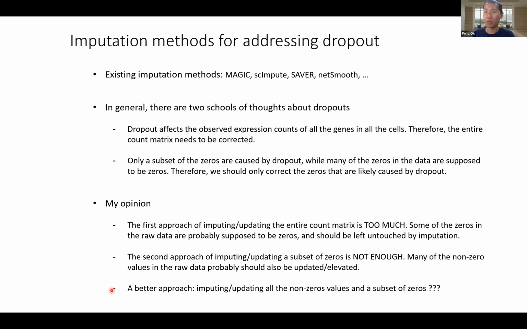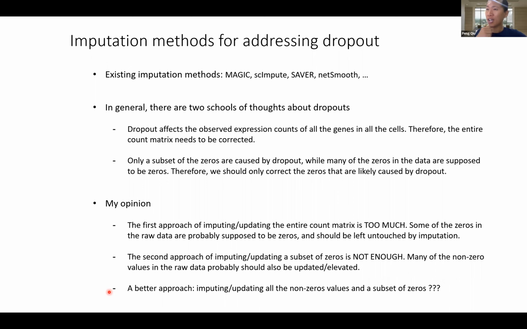However, a big problem in materializing this idea is that, for example, the process of SCImpute, how it identifies which zeros are likely to be artifacts, needs to rely on the non-zero values. But if we say that we also don't want to 100% trust the non-zero values we see, then in some sense we lose our basis to identify which subset of zeros are problematic.